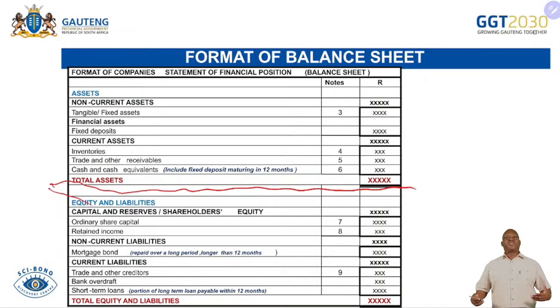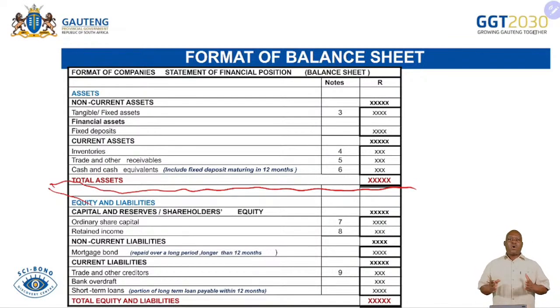So what we are just doing in the balance sheet is to just reproduce what we have been doing and what we know better, which is assets being broken down into two parts: non-current assets and current assets.